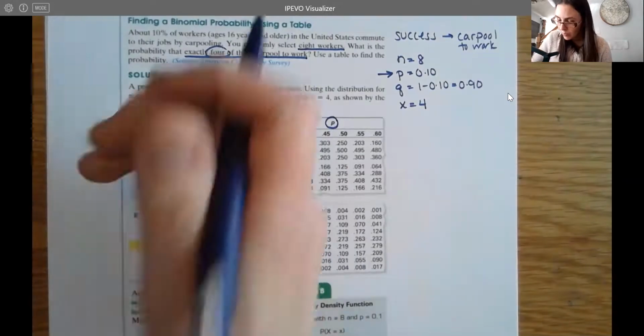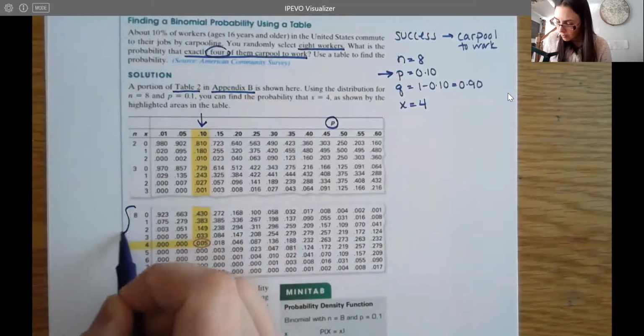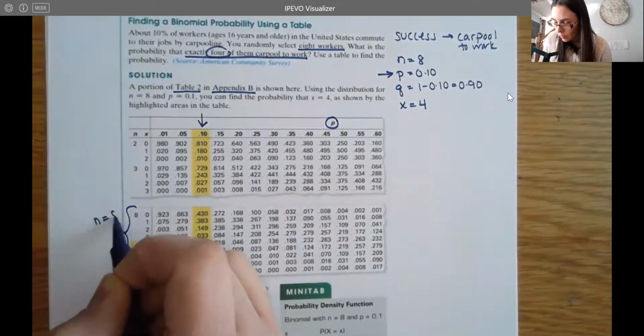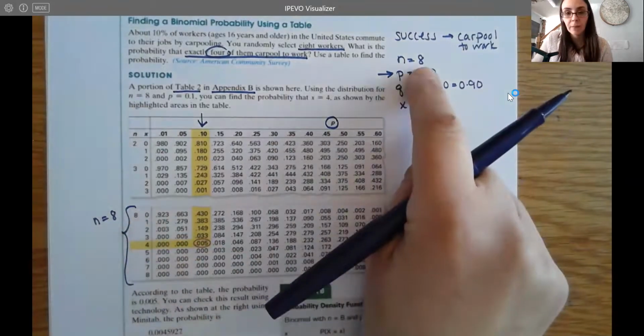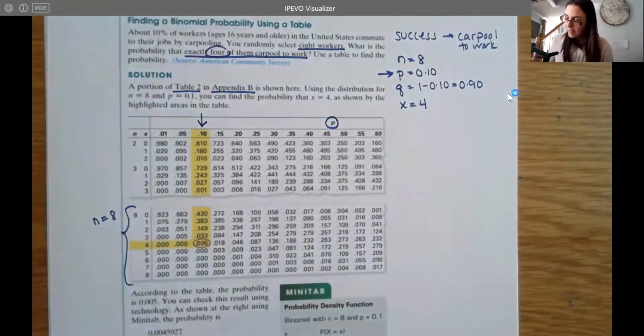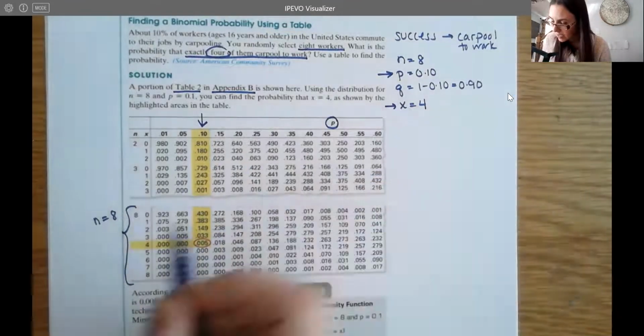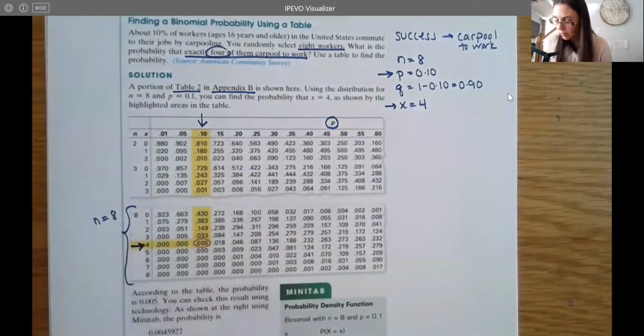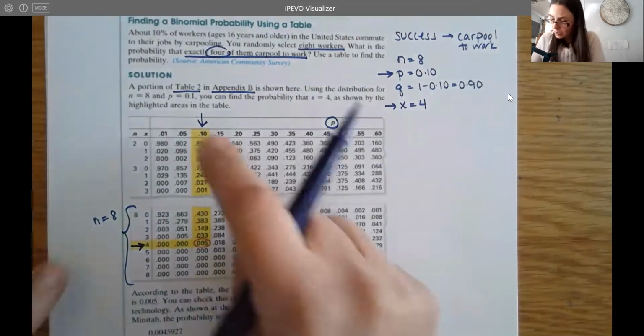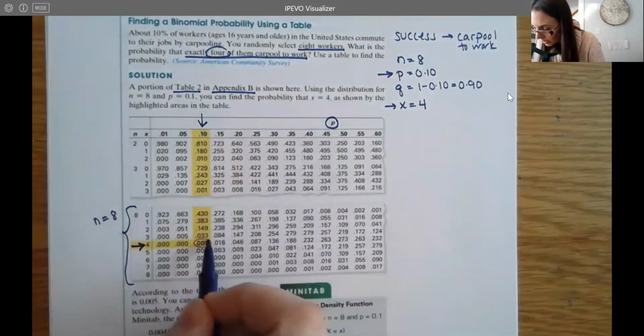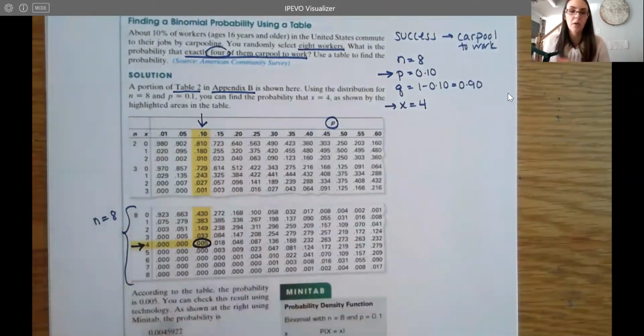So eventually, when you go down the page, you'll see the n equals 8 group, which is what we have here. And now within that group, we have 4 successes. So you're looking at 4. And if you match up the column with the row, you get a value of 0.005. So there's your probability, right?